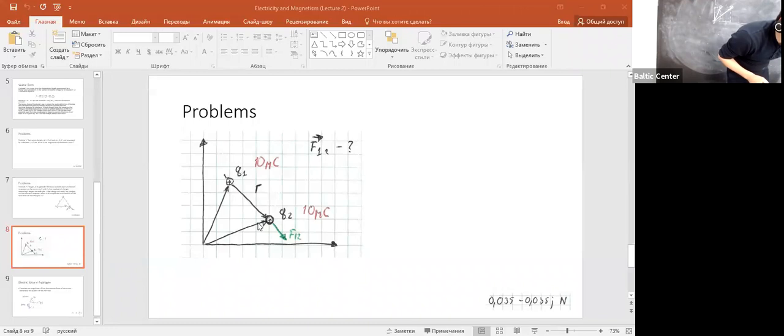So here is 2, 7, and here is 3. The Q1 and Q2 are equal to each other, and also 10 microcoulombs. You should calculate the force between the two charges.